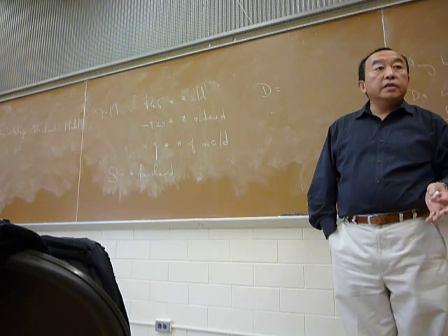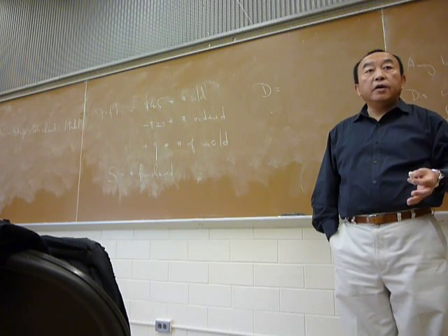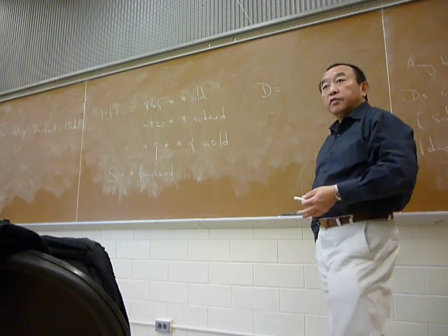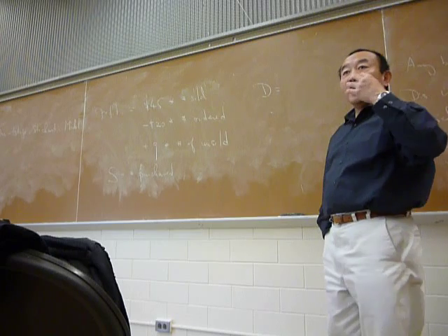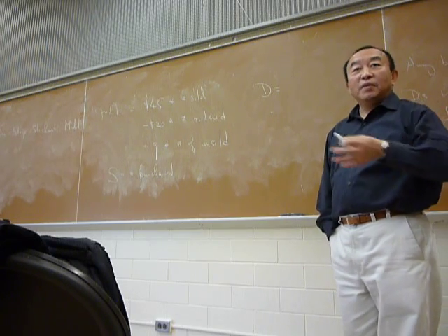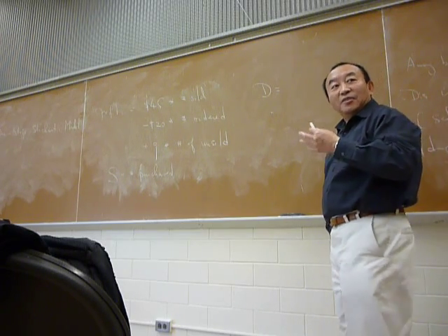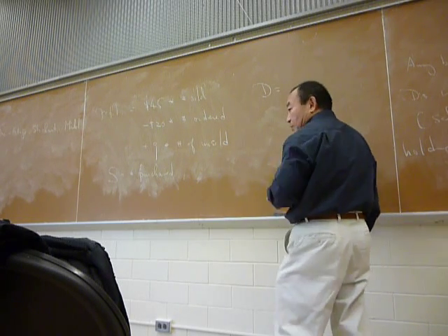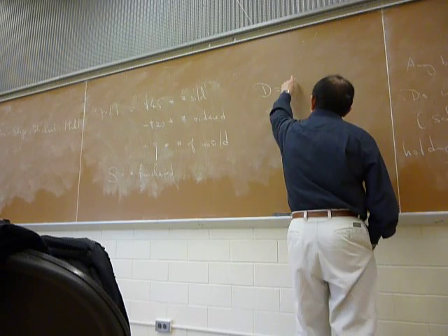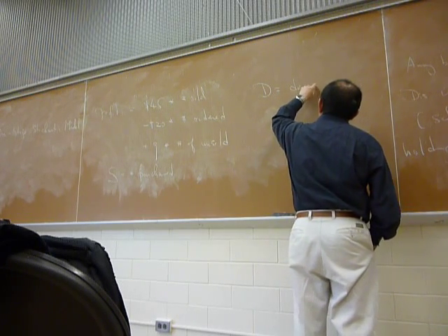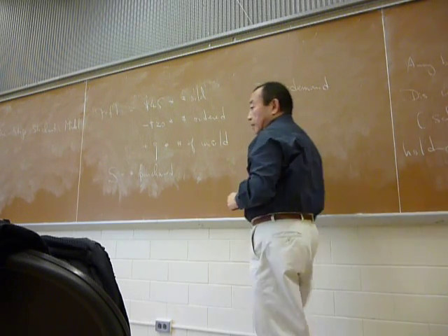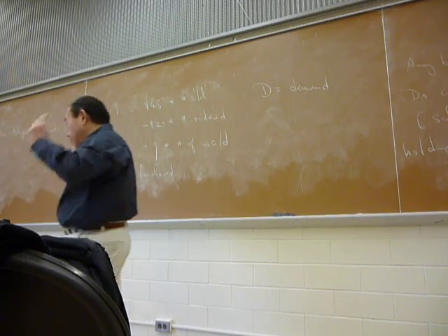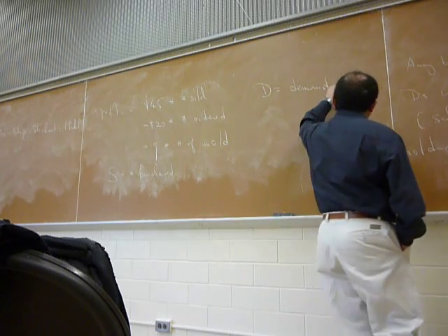You are not sure exactly how much demand people will have for that. If it's Apple 6, probably you know that, no matter what. But this is the difference. So this is the demand. The demand is actually a random variable.